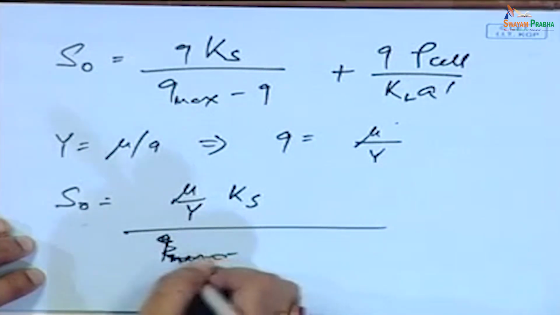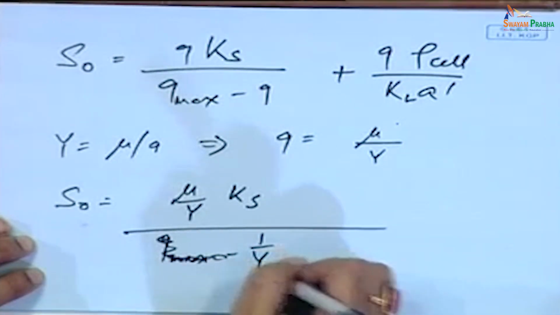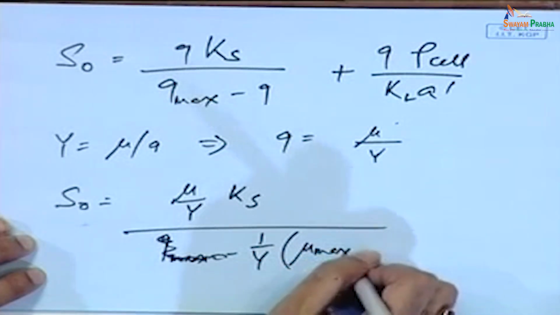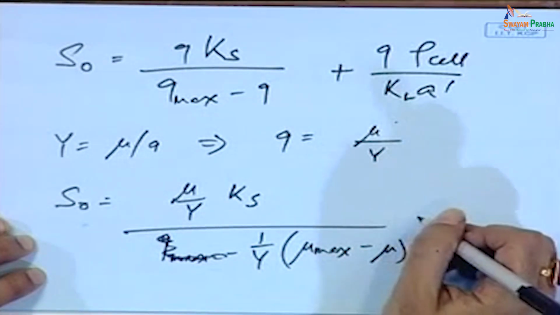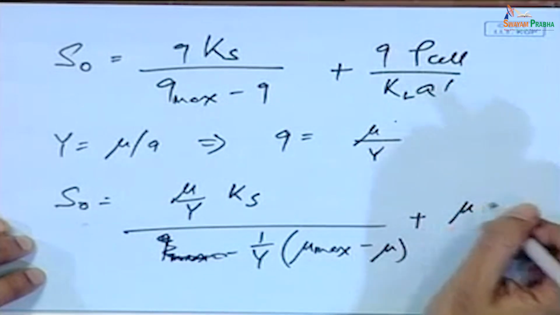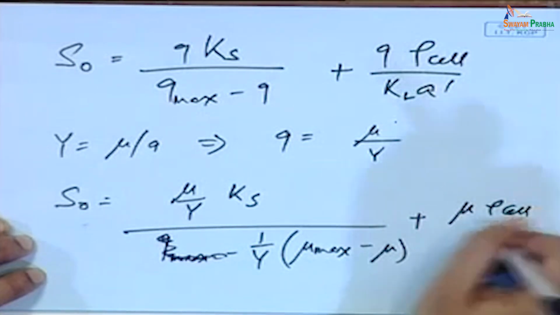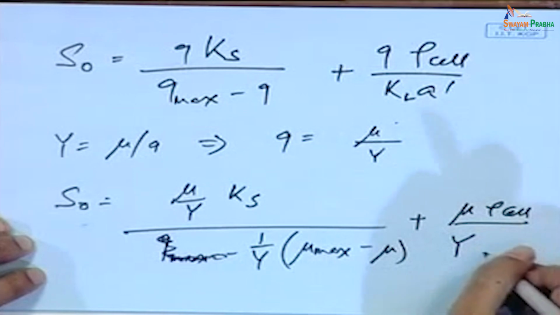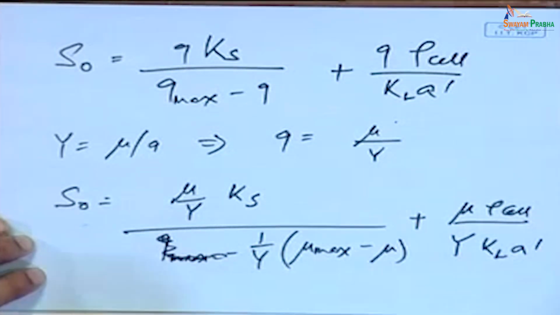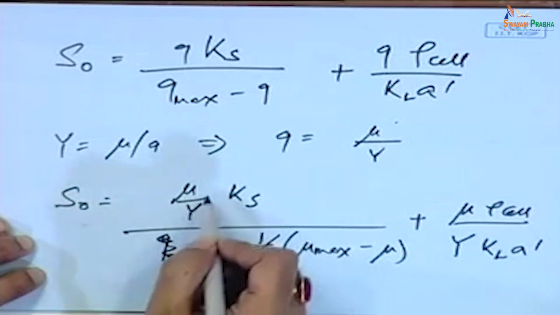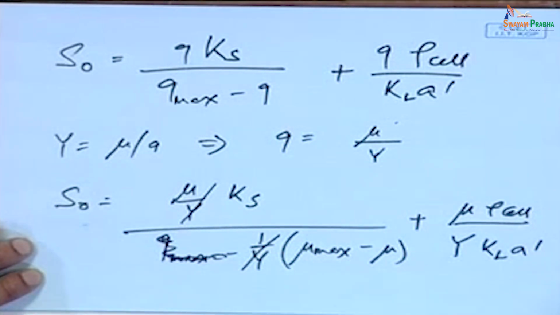Okay, 1 over Y mu max. So 1 over Y cancels out over here. So you have mu Ks divided by mu max minus mu plus mu rho cell Y KL prime.